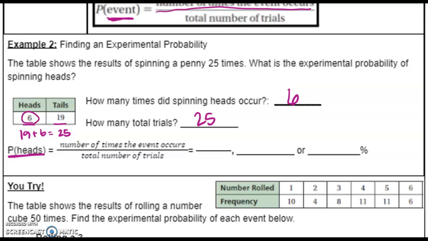It happened 6 times, and this is going to be over 25 total times. And so when I do 6 divided by 25, I get 0.24 or 0 and 24 hundredths. And then we know that we move that decimal 2 times to the left, and that gives us 24%.